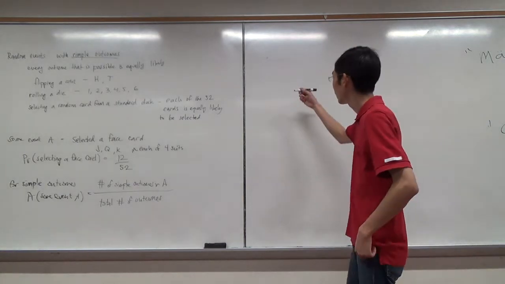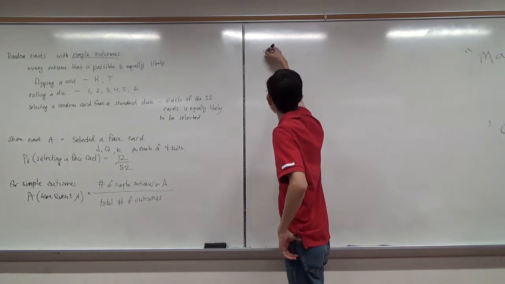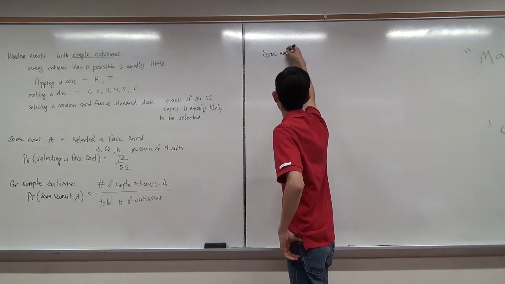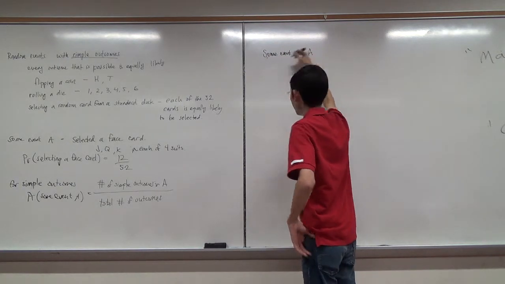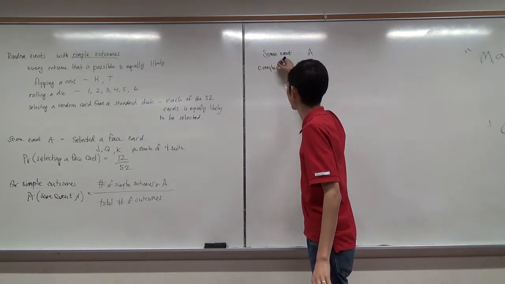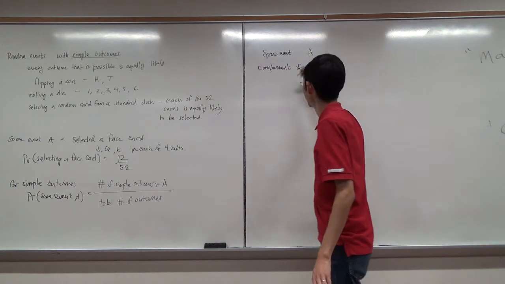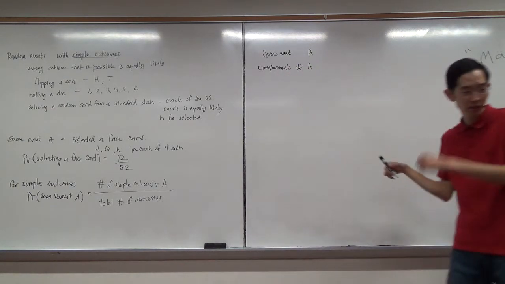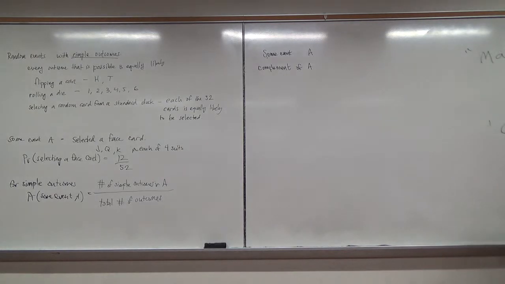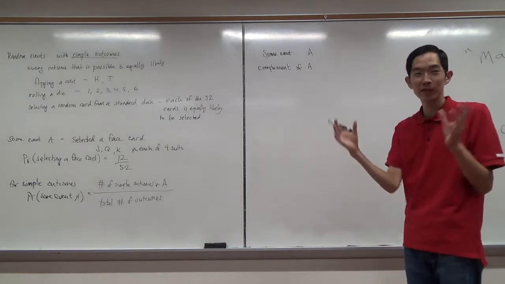Okay, just a few rules. If we've got some event A, we call that A. We also have the complement of A. Okay, complement is spelled with an E here. It is not something nice you say, but it comes from the idea of completing.